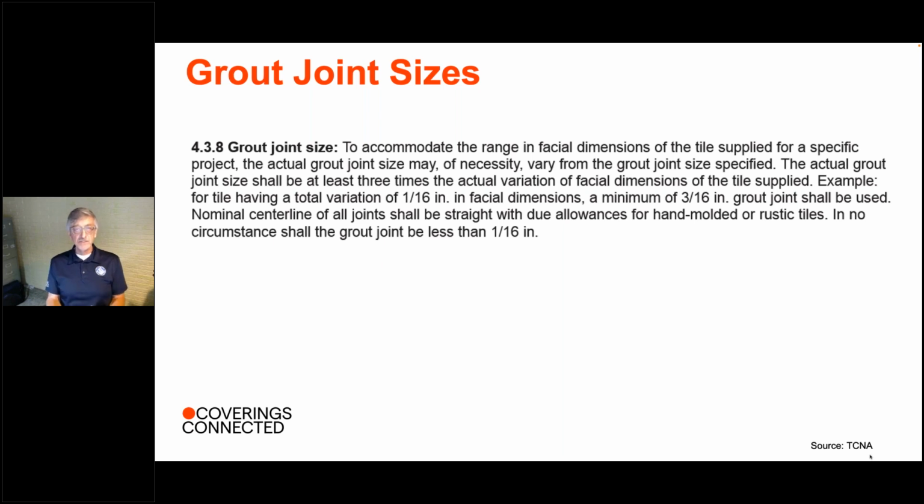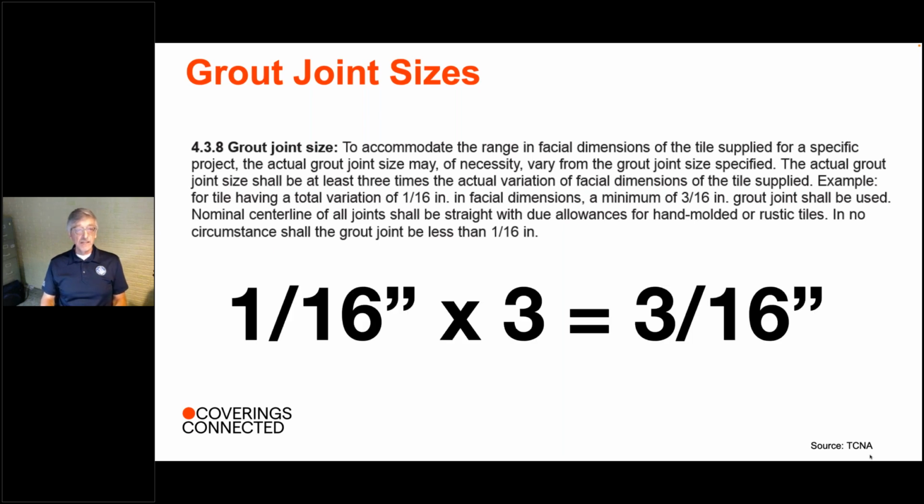It says, for instance, if you have tiles that vary 1/16 of an inch from one tile to the next, then you need to multiply that 1/16 of an inch times 3 to get your grout joint size. So in that example, 1/16 of an inch times 3 means you need a 3/16 of an inch wide grout joint.